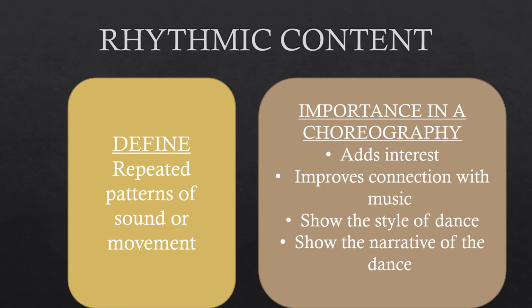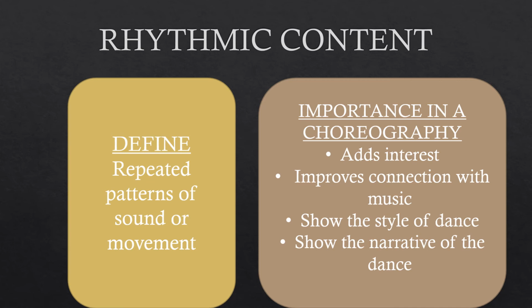So it adds interest. If there are different rhythms, that's going to add some interest for the audience, especially if there's rhythms in the movement and in the music that coincide or they could clash. That is going to add interest for the audience. Improves connection with the music. Yes, so similarly to timing content, you're going to get that merge of movement and music because of the connection in both of the rhythms.